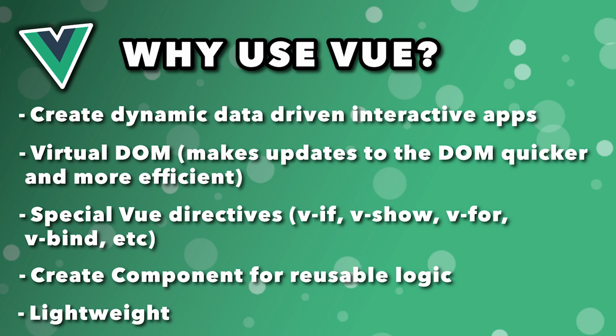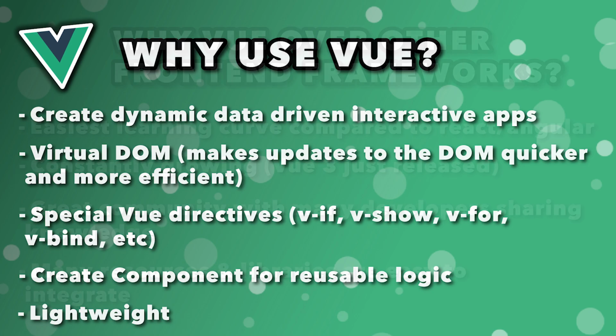And when the virtual DOM gets updated in Vue, it will then compare the two, the virtual DOM and the actual DOM, and only update what has changed instead of the entire DOM, which is going to make updates to the DOM quicker and more efficient. Vue also has special directives that simplify a lot of common things that we would do inside a vanilla JavaScript application. When using Vue, we also have the ability to create components, which allow us to create reusable logic, and also Vue is extremely lightweight.